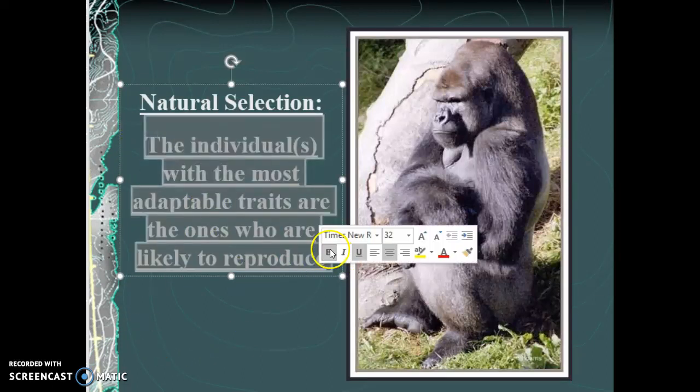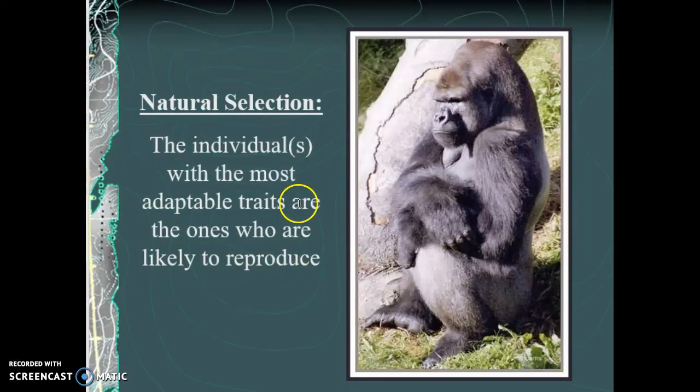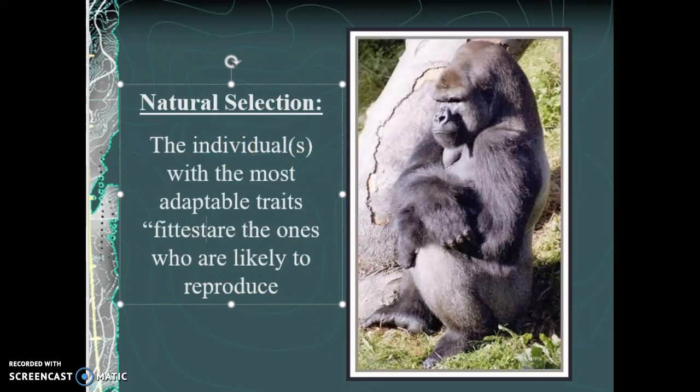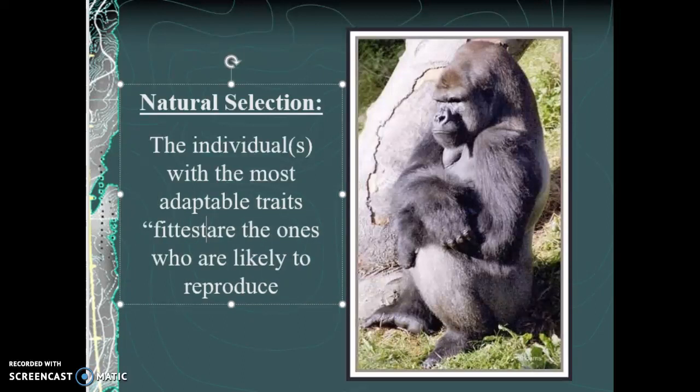If you are the most adaptable, there's another term used for this, let me put it in quotes here, it's called the fittest. Now, fittest doesn't mean bigger, stronger, faster. It just means most adaptable, able to survive and pass on your genetics.